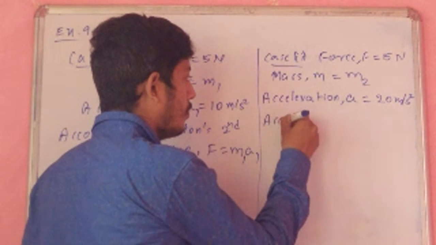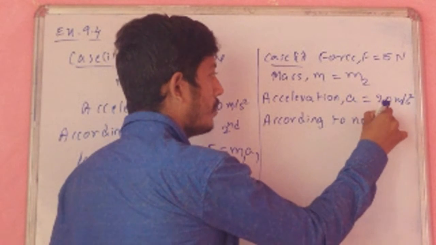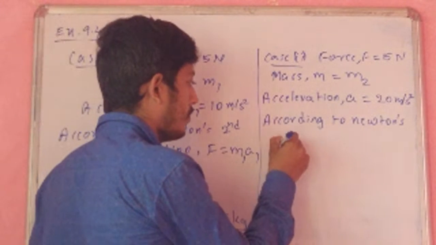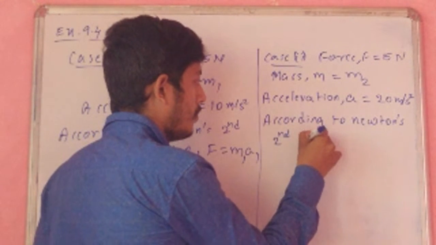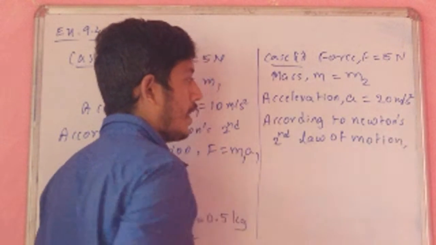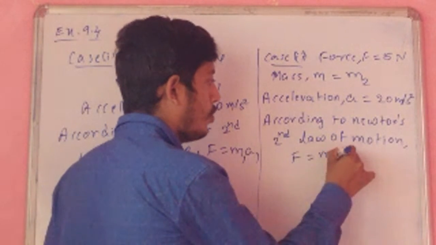According to Newton's second law of motion, F equals m2 into a.